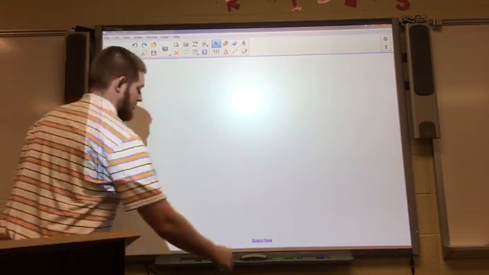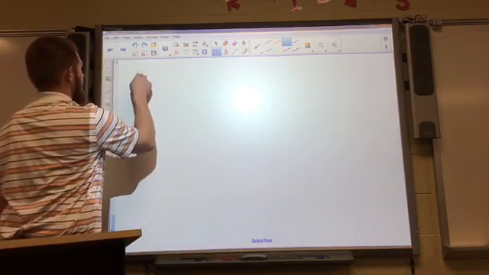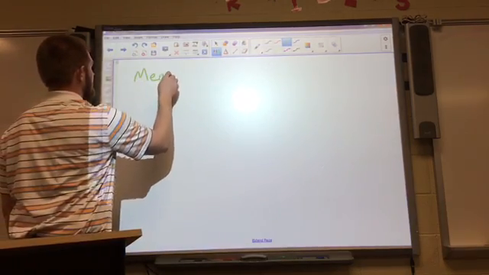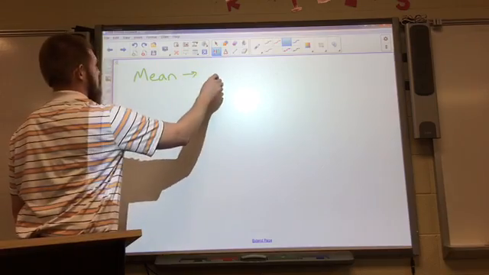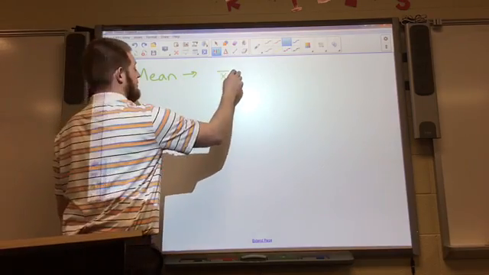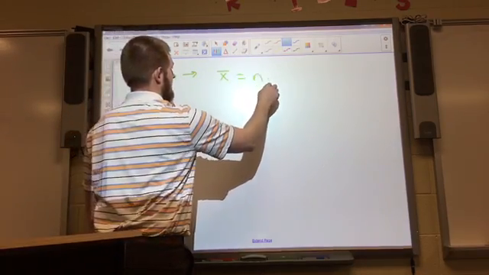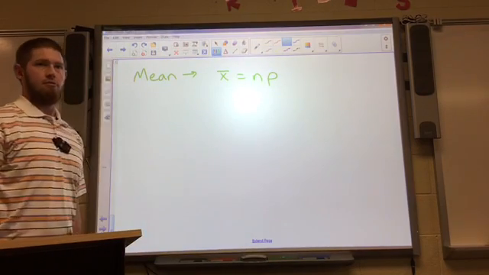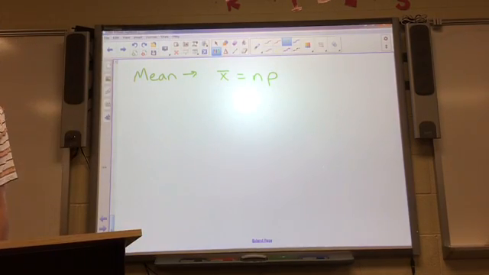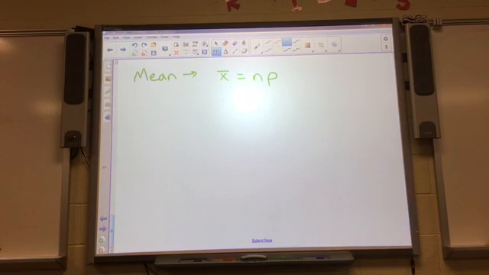Okay, to find your mean, which is x bar, right? That is equal to n times p. Okay, n is your number of trials, and p is your probability of success of each trial.